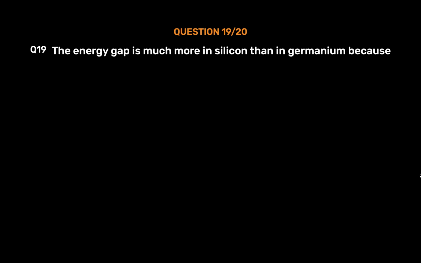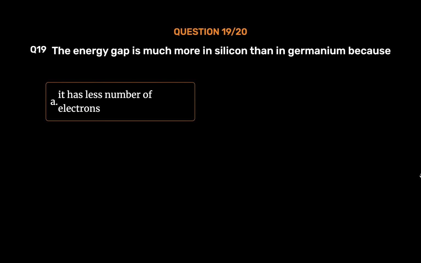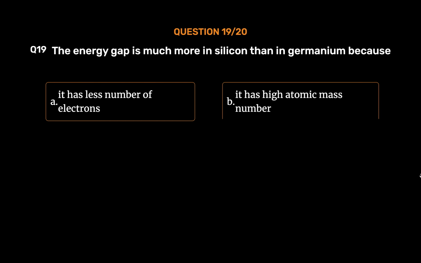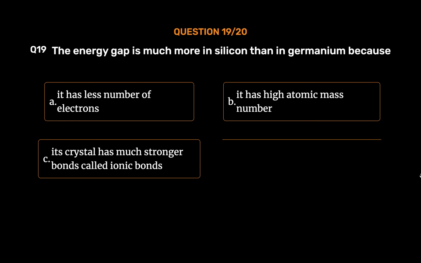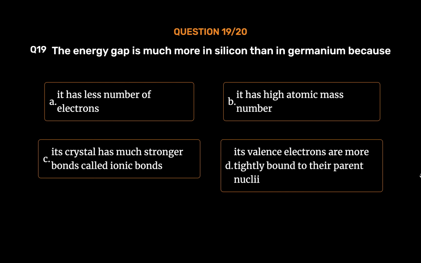Question number 19. The energy gap is much more in silicon than in germanium because option A. It has less number of electrons. Option B. It has high atomic mass number. Option C. Its crystal has much stronger bonds called ionic bonds. Option D. Its valence electrons are more tightly bound to their parent nuclei.